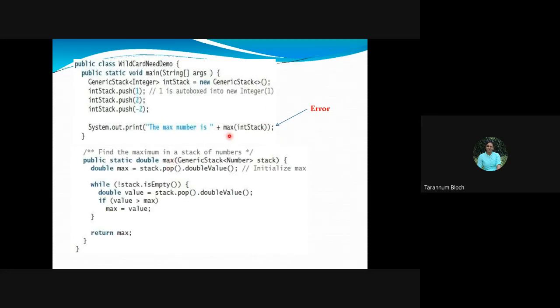So the situation is we are giving max integer stack, so you gave the stack elements as integers in the argument. But the generic method which accepts the generic argument has double as a return type. Are you getting the point? You want to find the maximum from the integers, but in return you are getting a double number. So this will give you an error.